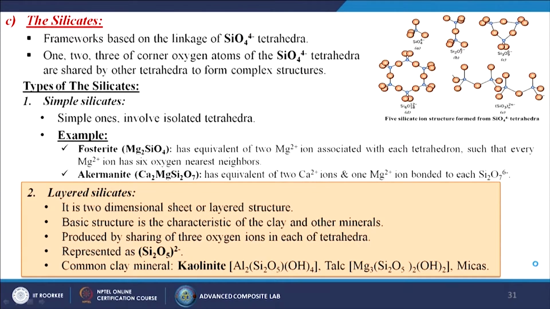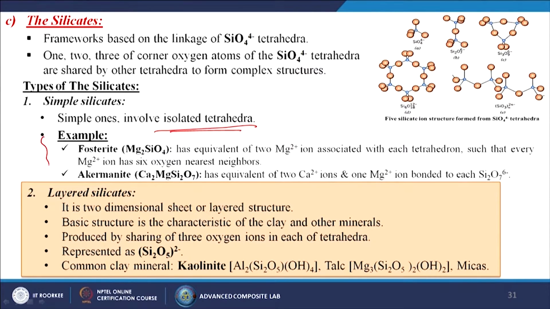Then we are going to discuss the silicates. These are frameworks based on the linkage of SiO4 4- tetrahedra, where 1, 2, or 3 of the corner oxygen atoms of the SiO4 4- tetrahedron are shared by other tetrahedra to form complex structures. Types of silicates: simple silicates involve isolated tetrahedra.